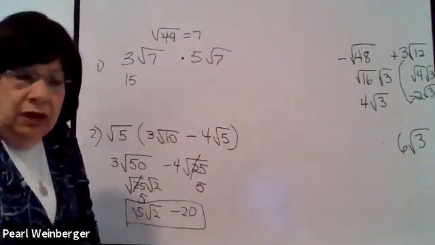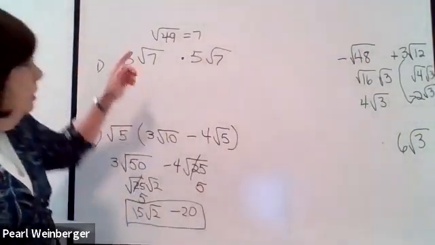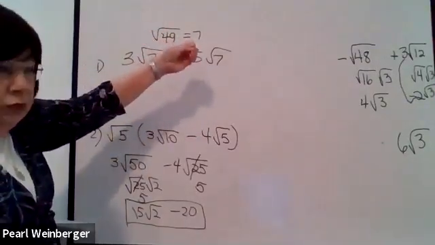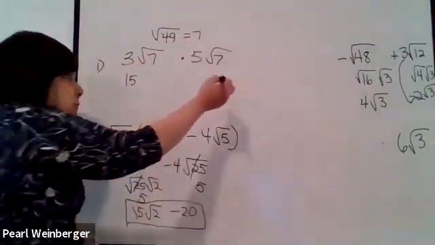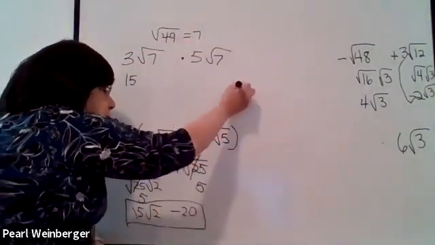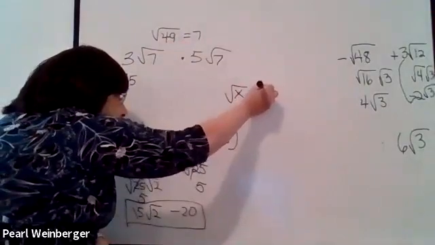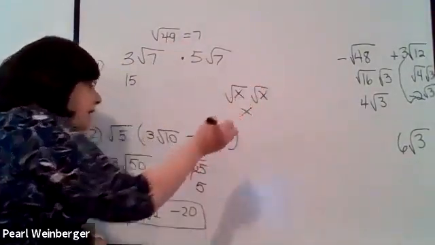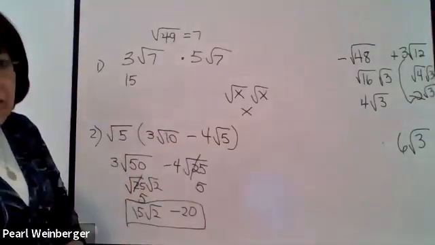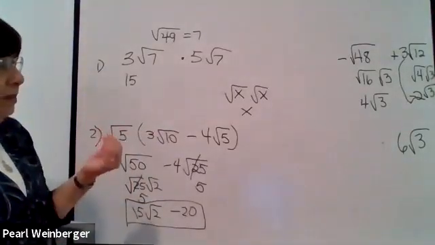It's a shortcut. Why go to the trouble of doing 7 times 7 getting 49 and then taking the square root, when I know if I want to give a general rule that if I multiply the square root of x times the square root of x, it's just going to give me x. Anytime you multiply a radical by itself, it just removes the square root.